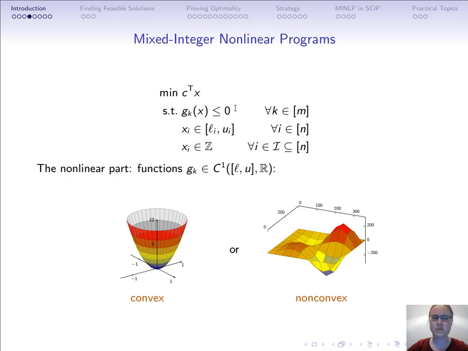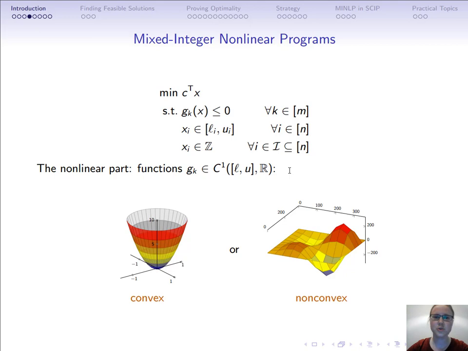And now we come to the part that is specific to mixed integer nonlinear programming. That is the constraints, some of which might be nonlinear. We have few assumptions on the functions g that define these constraints, namely that g must be continuously differentiable, and that it must map the domain of the x to some rational numbers.